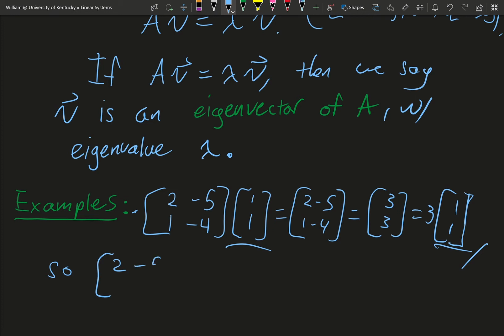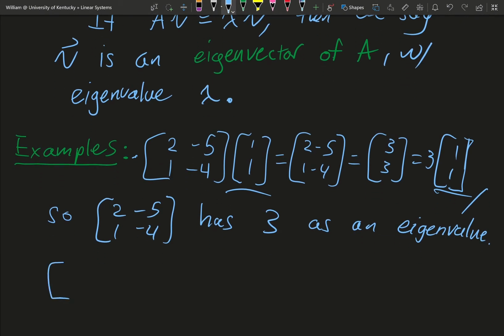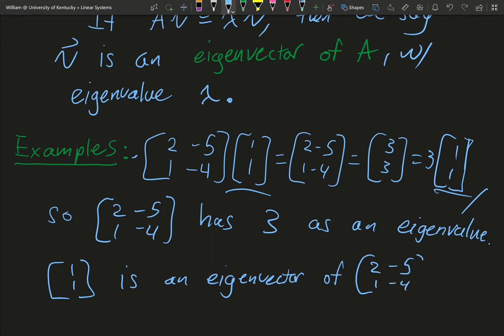So 2, -5, 1, -4 has -3 as an eigenvalue. Stated differently, 1, 1 is an eigenvector of the matrix 2, -5, 1, -4 with eigenvalue -3.